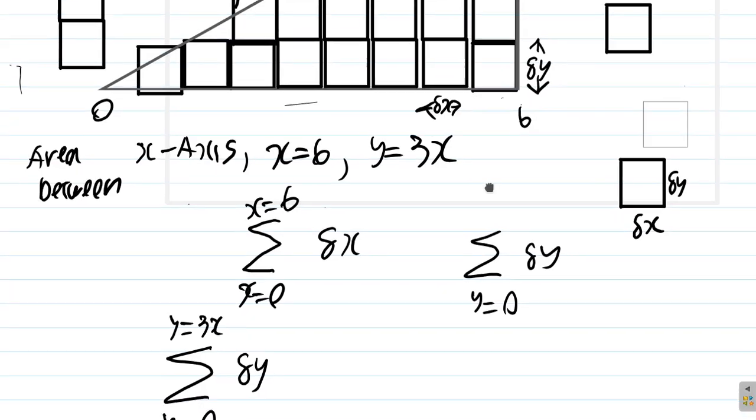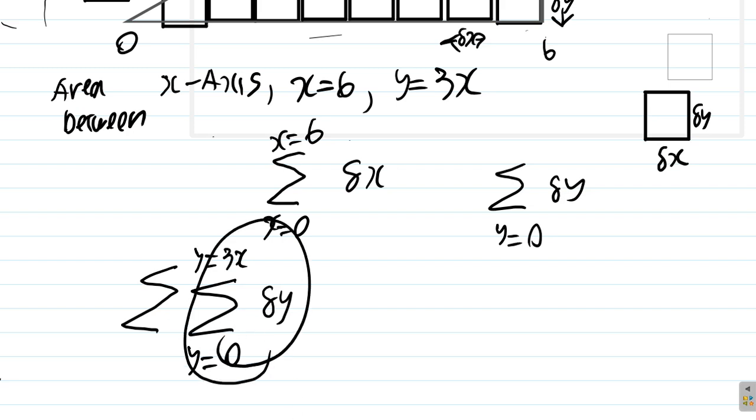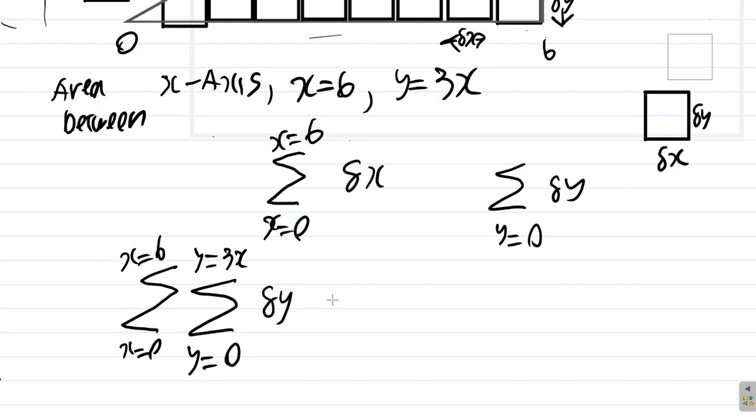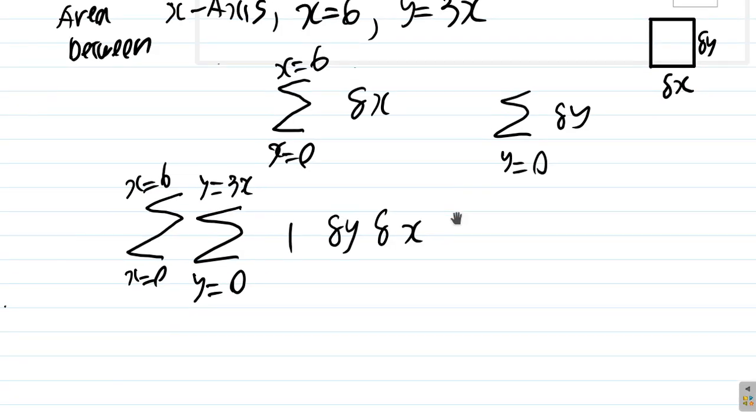After we stack up the height, then we go sideways and pile them up sideways. So we're summing all of this now, from x equals 0 to x equals 6 of delta x. But what is the function that we're using? Well, in this case, we consider it as 1, as usual.